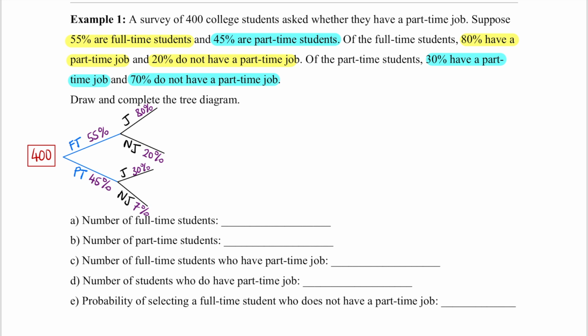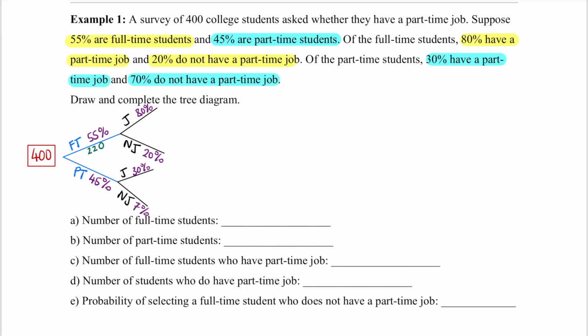We begin with the full-time branch. There are a total of 400 students. 55% are full-time. We take 400 times 0.55 equals 220. So there are 220 full-time students.